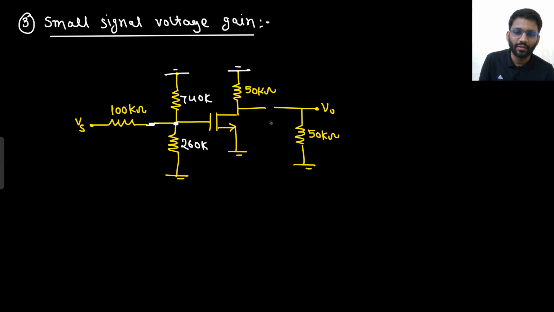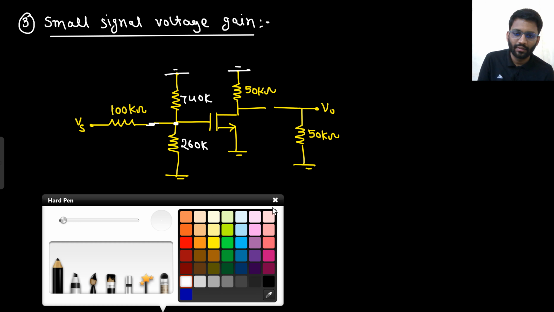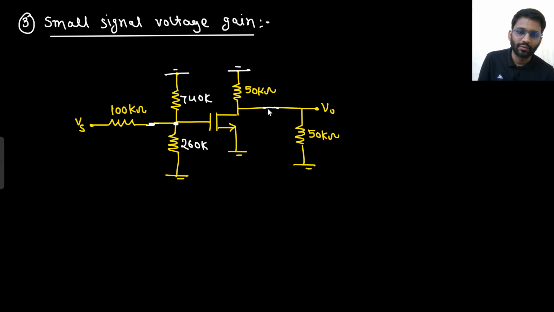And this will also be open circuited. So this 50 and 50 will also come in parallel, because from V0 to ground you have 50 kilo ohm, from V0 to ground you have 50 kilo ohm. So what will be our final circuit? Let's draw our final circuit. That would be 100 kilo ohm.